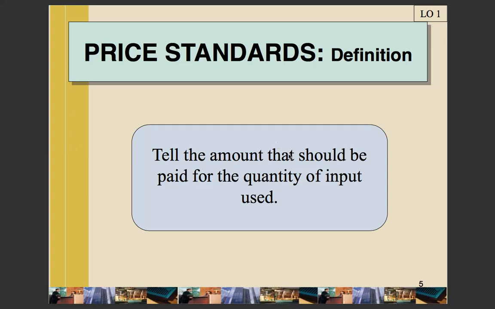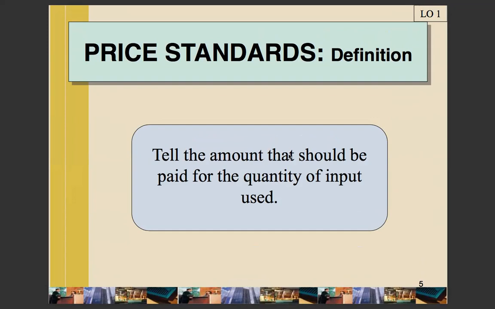So I'm going to give you a brief example. Suppose a soft drink bottle company decides that 5 ounces of fructose should be used for every 16 ounce bottle.